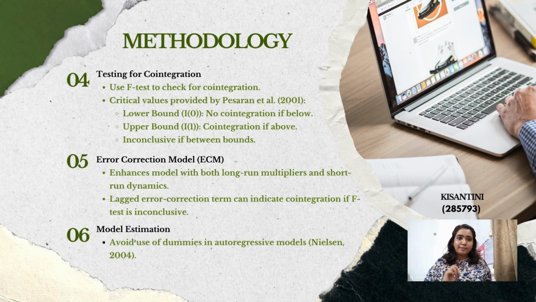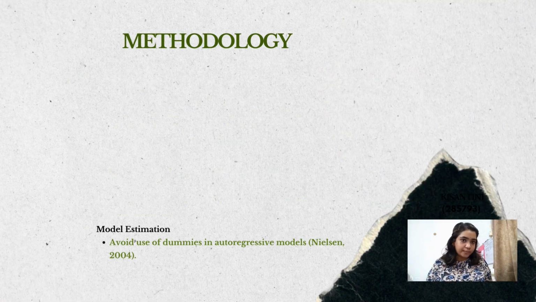For model estimation, it is recommended to avoid using dummies in autoregressive models. According to Nielsen 2004, the best results are obtained when the co-integration rank is determined in a model without dummies, ensuring more reliable and consistent outcomes.